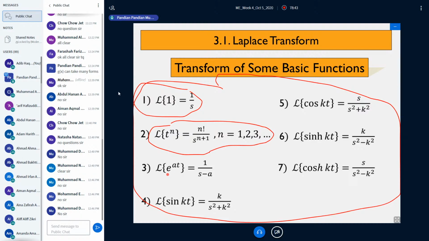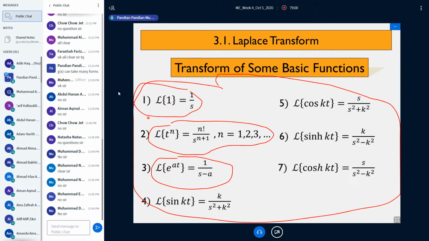And just now, Laplace of e power minus 3t equals 1 over s plus 3. But we can generalize Laplace of e power at is 1 over s minus a. If you put a equals minus 3, this will become s plus 3.